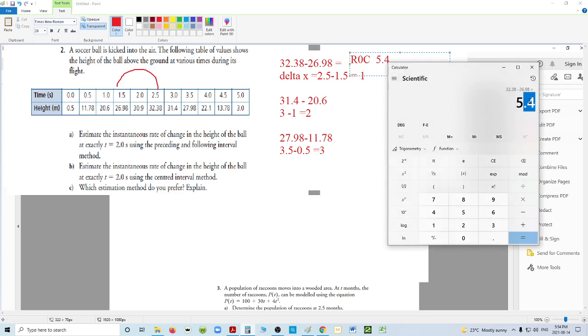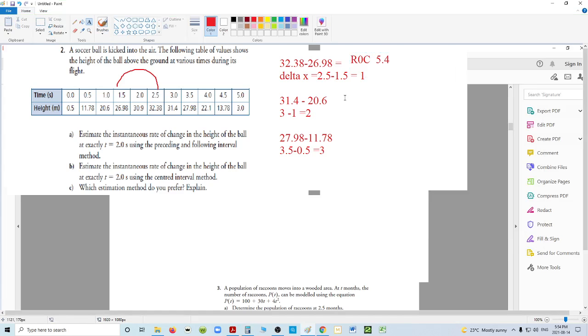Let's do the next one. The next one is 31.4 minus 20.6, 10.8. What was our delta x? It was 2. So that's 5.4.